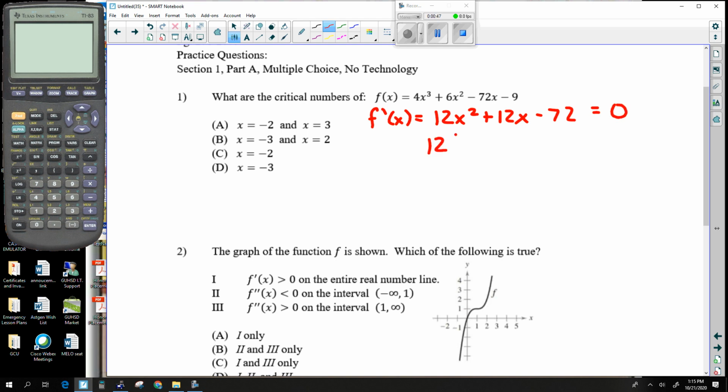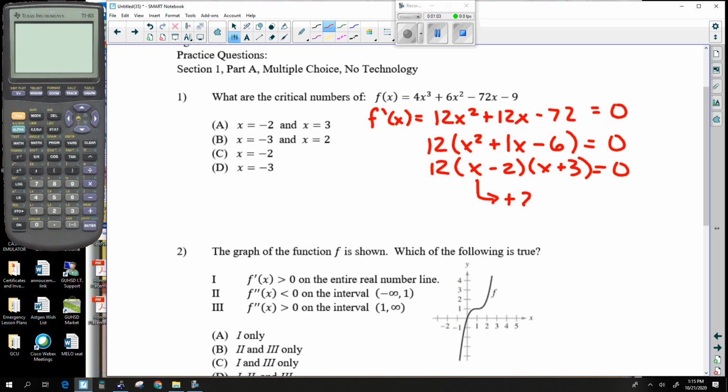I can take out a 12 of this one, and that would leave us with x minus 2 times x plus 3. And so we will have critical numbers at positive 2 and negative 3. So only x's, positive 2 and negative 3.